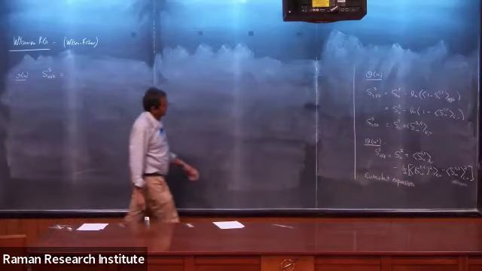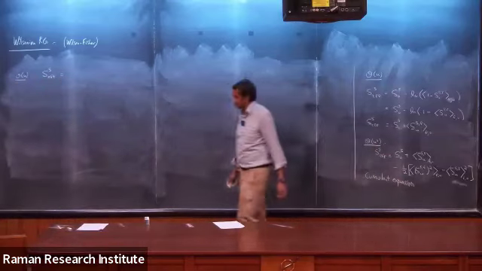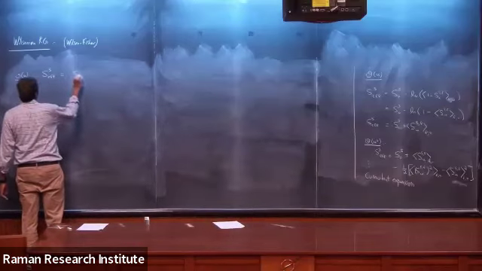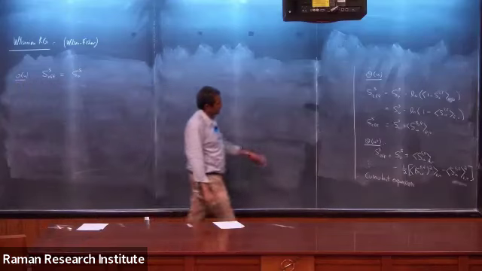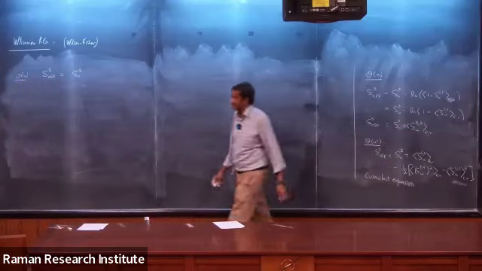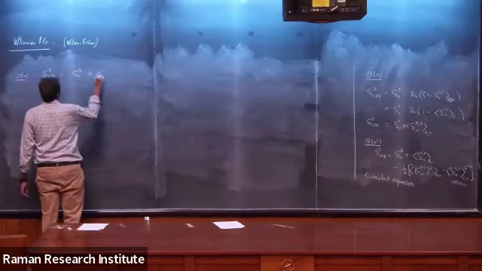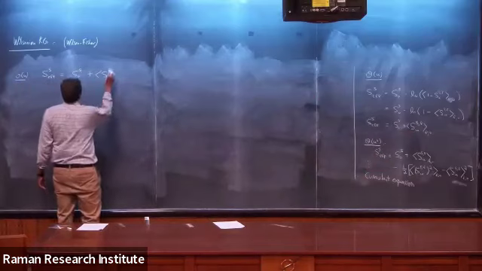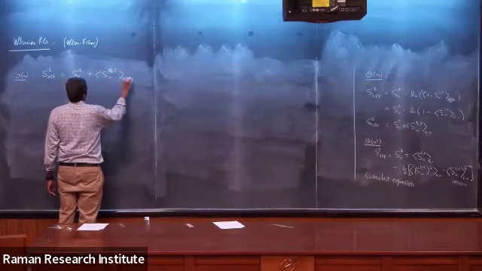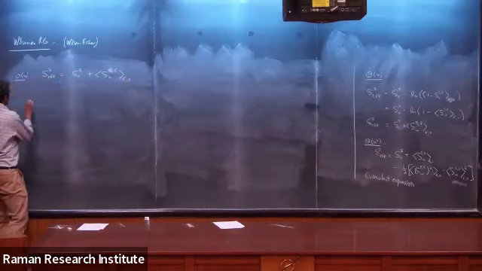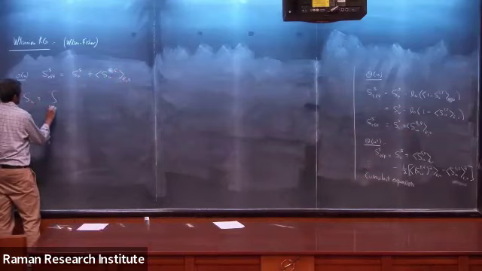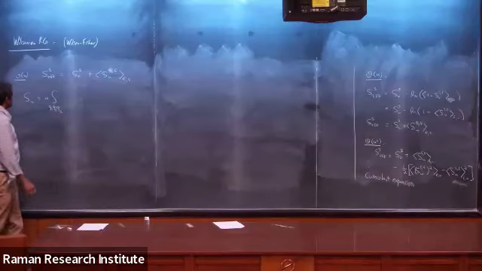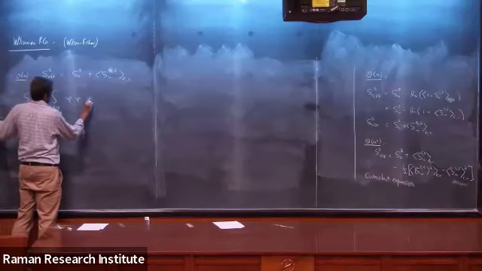I'm not going to write out S0 slow explicitly. I'm just going to call it S0 slow. But we want to compute this one here. So what is this S_U? Schematically, remember, S_U was U times an integral over 3 momenta, and it had something that looked like this.